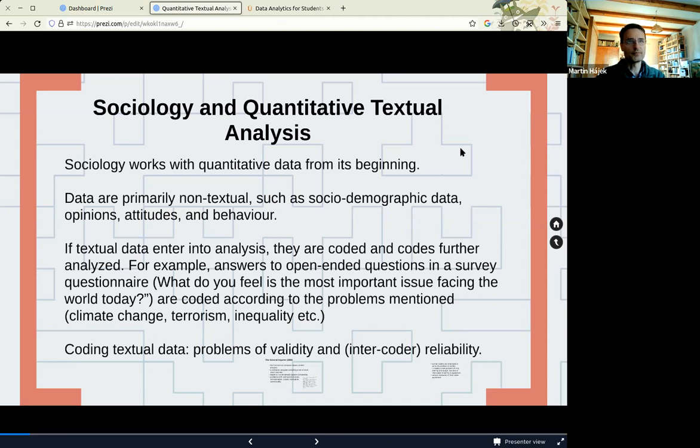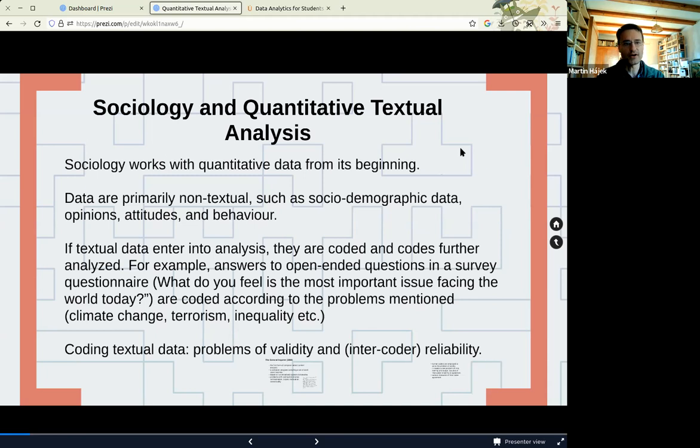but primary data in sociology are not textual ones. Sociology uses, as in the case of Durkheim, socio-demographic data, such as age, education, residence, etc. Also, they use data about opinions, for example, opinion surveys, political affiliations.